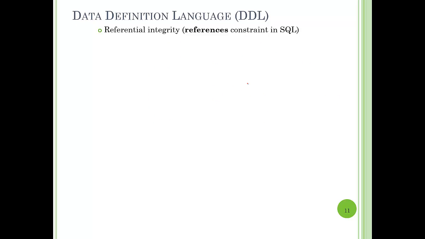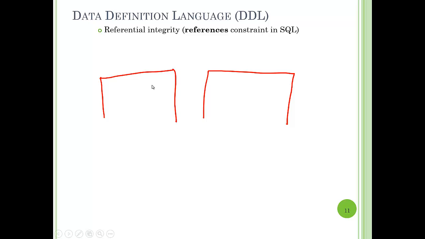Now referential integrity, and as we are talking about the SQL statement, it is called the foreign key. Now you can see the example here. You have course and department, these two entities.